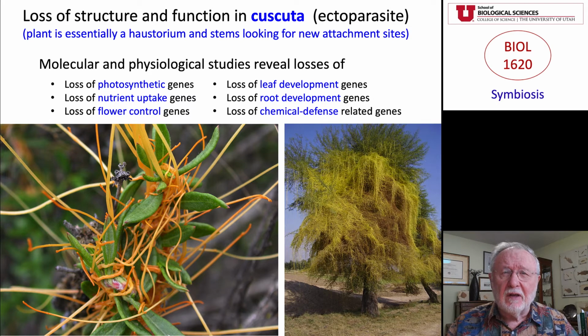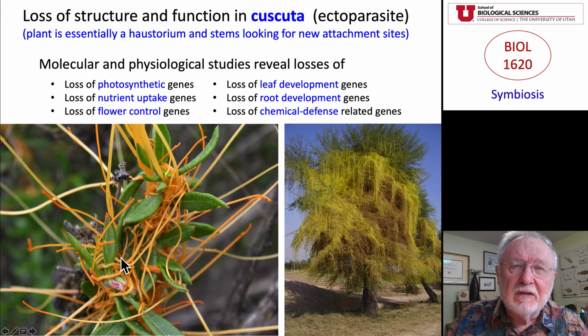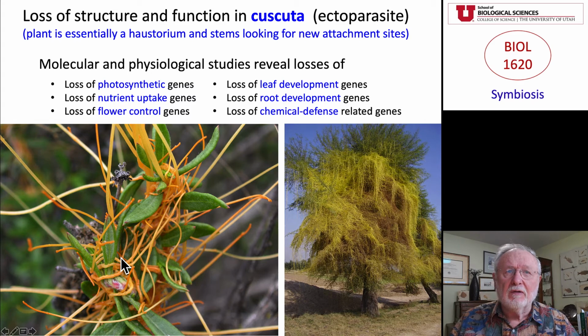They are parasites that get all of their water and all of their nutrients from their host. Basically, they have lost their leaves and they're simply long stems looking for new opportunities to penetrate into a host. So here you see Cuscuta attacking this particular plant, essentially covering a tree.